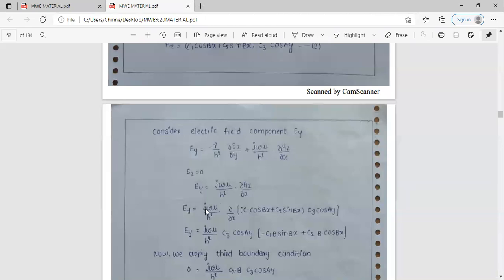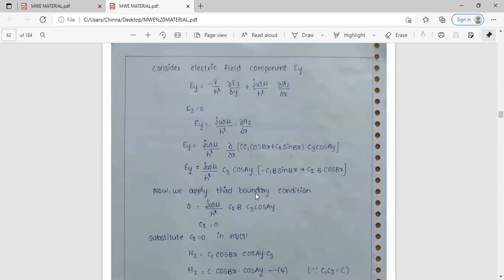So Ey is equal to j omega mu by h square dou by dou x of c1 cos bx plus c2 sin bx, into c3 cos ay. In this expression, if we simplify again, then the third boundary condition will be applied for the above expression. Then we can obtain c2 is equal to 0.